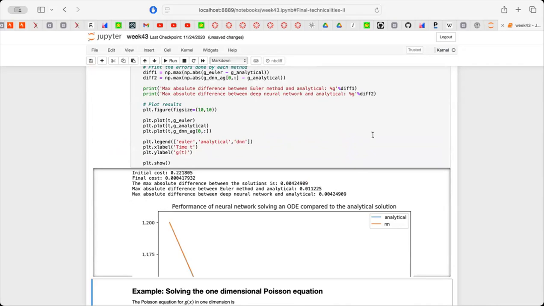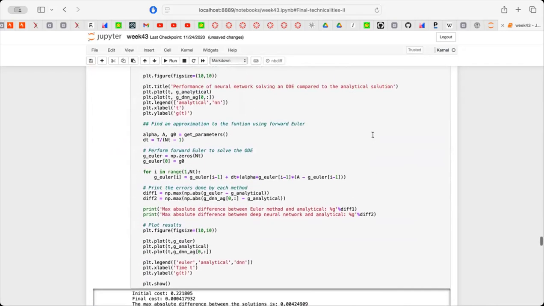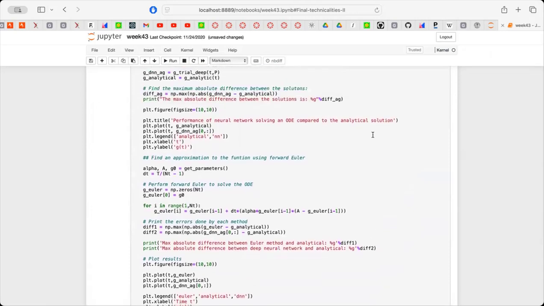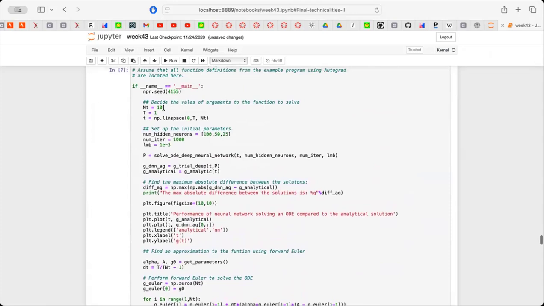We are also having few integration points. And many of these methods do behave better if we give more integration points. And you will see now that the number of integration points is just 10, which is a very unfair comparison with a neural network calculation. So if we were to increase this one to 100, we would actually get a better result for Euler's method.